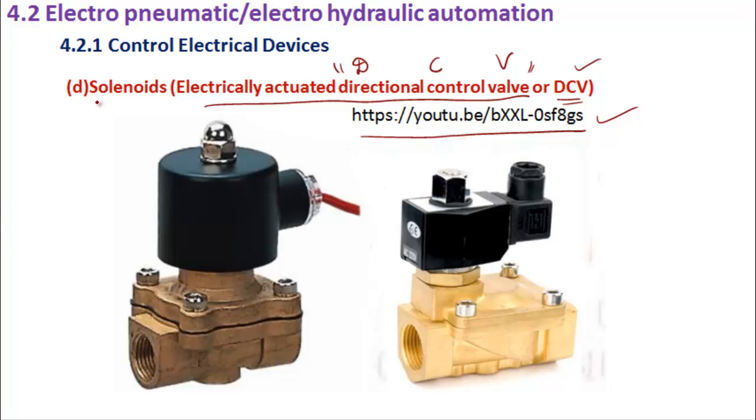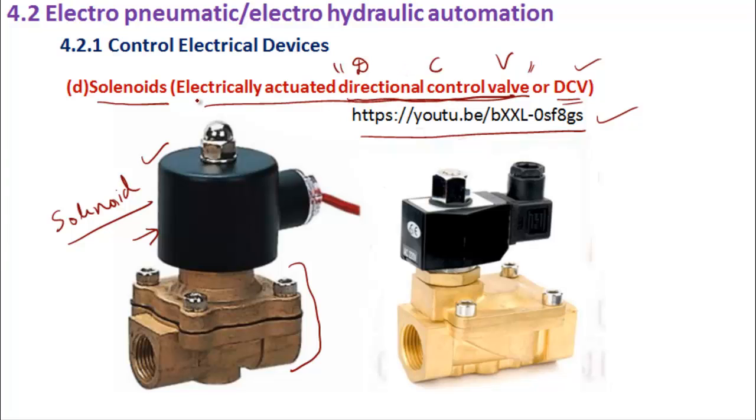Anyway, when we say solenoids, you should understand that the black thing that you see on this particular valve is the solenoid. That is the only part that is the solenoid, whereas the remaining part is what we already call a valve or a directional control valve.